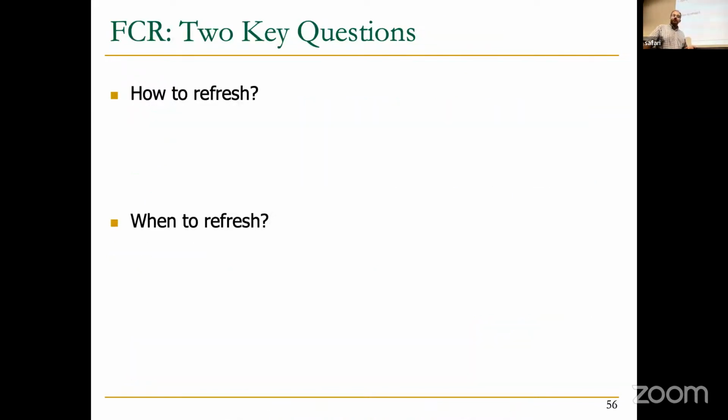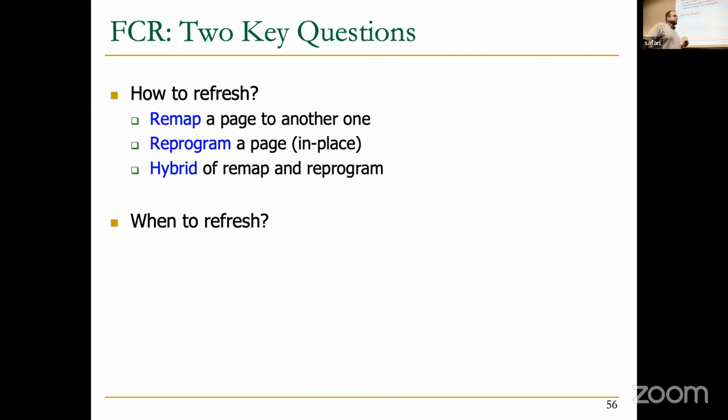So there are two key questions here: how to refresh. One is to remap, as I said, to read it and write it somewhere else, or reprogram a page in place. In-place update, as I said, we will see in the next lecture is very, very costly in flash memories, and because of that, people are using out-of-place update.